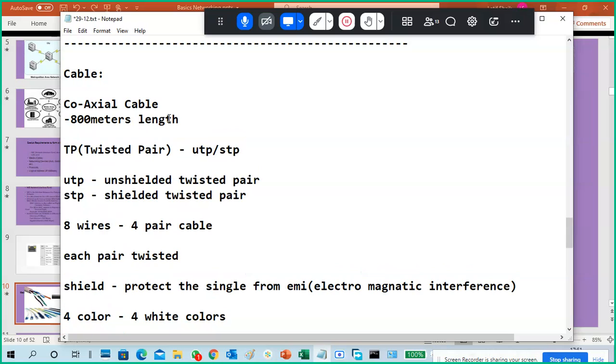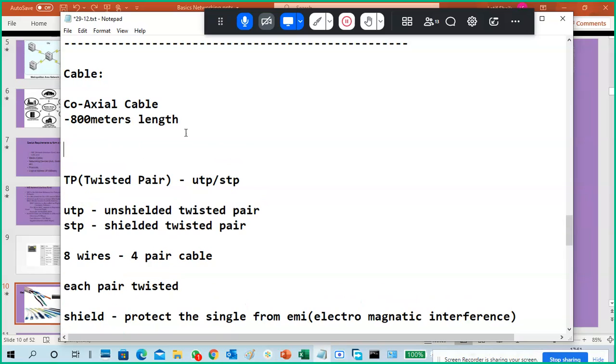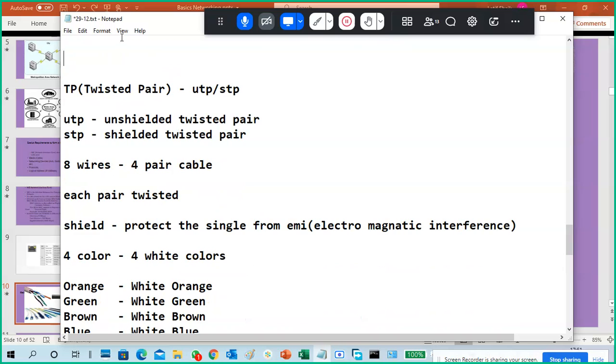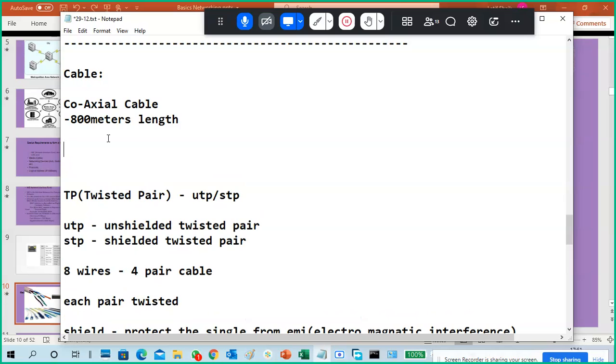We have seen it in TV cable networks also, the coaxial cable kind of stuff.